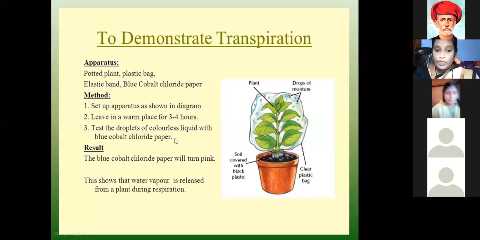Okay, next, what is the result of this experiment? The blue cobalt chloride paper will turn pink and inside the cover it will form droplets. The droplets are the water vapor. What is the main concept in this experiment? The leaves have water.